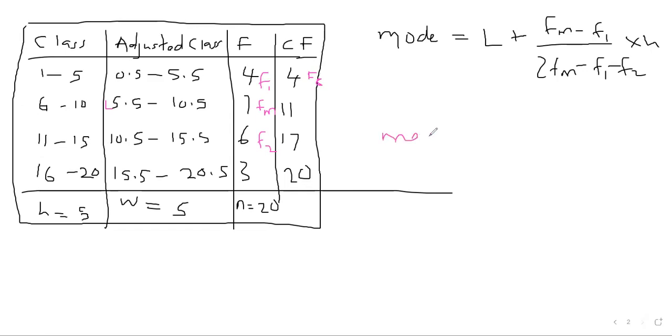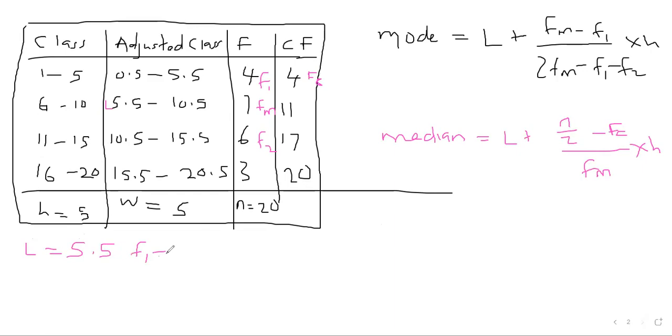The median is given by L plus n over 2 minus Fc, over Fm, times the height. So now I've given you the formulas. Let's identify: our L is 5.5.